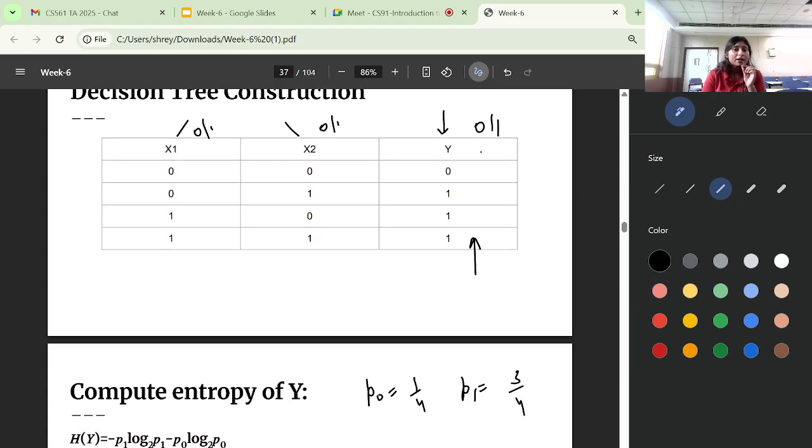Let's say I have chosen this for splitting. What will be the entropy of this whole system? Information gain is just the entropy of y given x1.